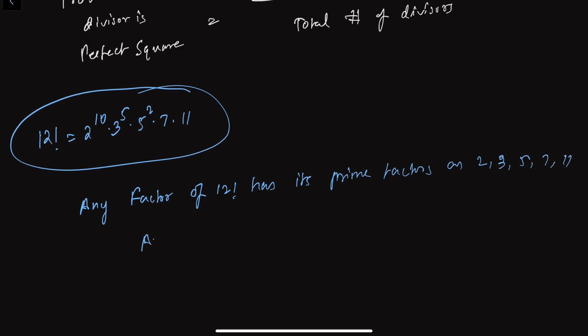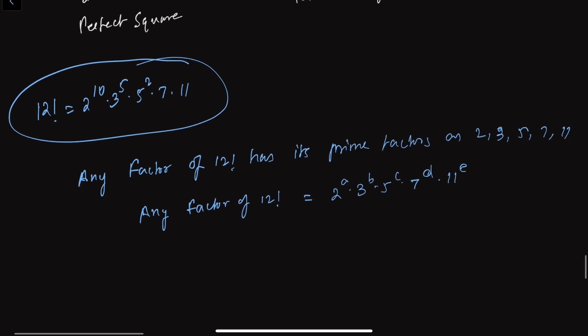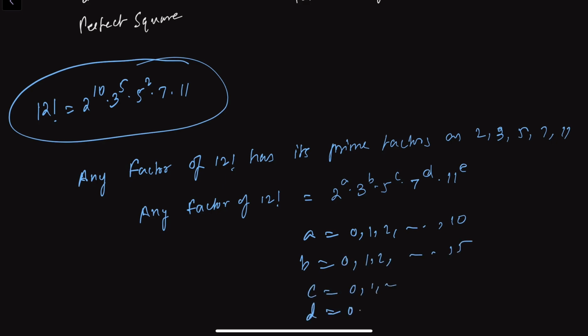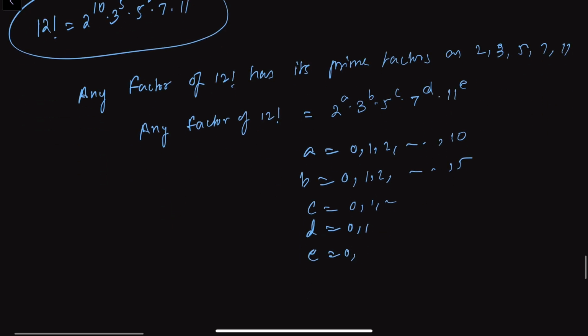So I can write any factor as 2 to the power a, 3 to the power b, 5 to the power c, 7 to the power d, 11 to the power e. Here a can take the values 0, 1, 2 and so on till 10. b can take 0, 1, 2 and so on till 5. c can take 0, 1, 2, d can take 0, 1 and e can take 0 and 1.